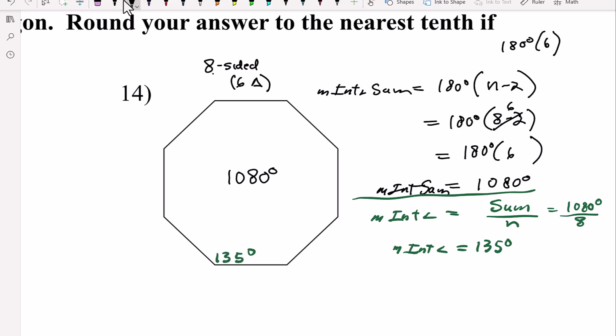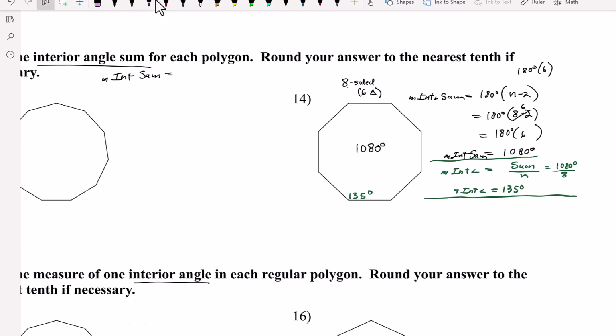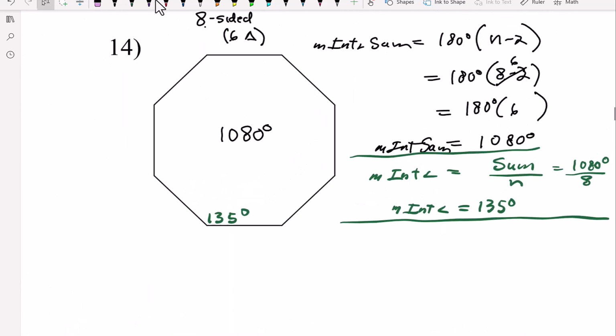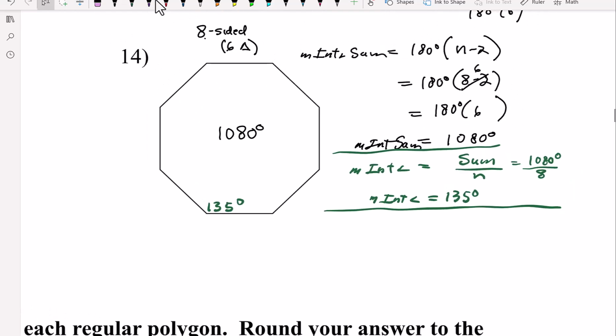Now, even though I separated it into finding the interior sum, then the interior angle, then the exterior angle, I would recommend, just so they get in the habit, do all of the parts for each one.